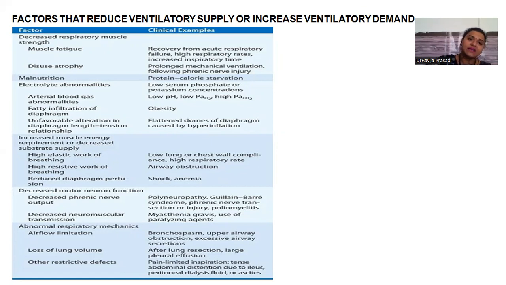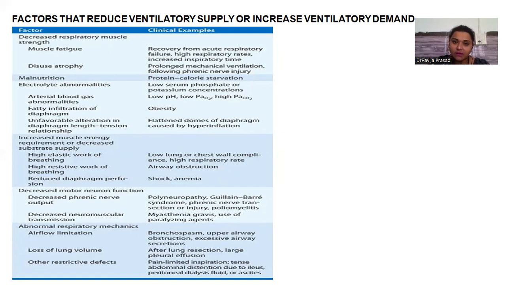The factors include decreased respiratory muscle strength, such as muscle fatigue, atrophy, malnutrition, electrolyte imbalance, arterial blood gas abnormalities, fatty infiltration, unfavorable alteration, increased muscle energy, high elastic work of breathing, decreased motor neuron function, and decreased neuromuscular transmission. You need to remember this chart, which consists of the factors that reduce ventilatory supply or increase ventilatory demand.